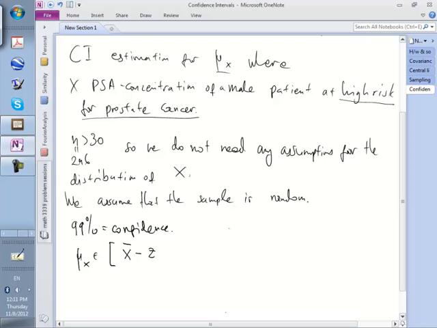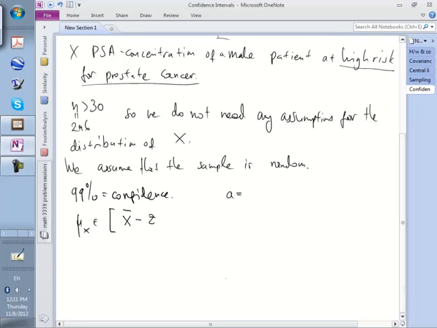What is alpha? I want 99% confidence, so what is alpha? 0.01, okay? So if you use the standard normal distribution, now you have to find your critical points. That bulk here will be the 0.99.